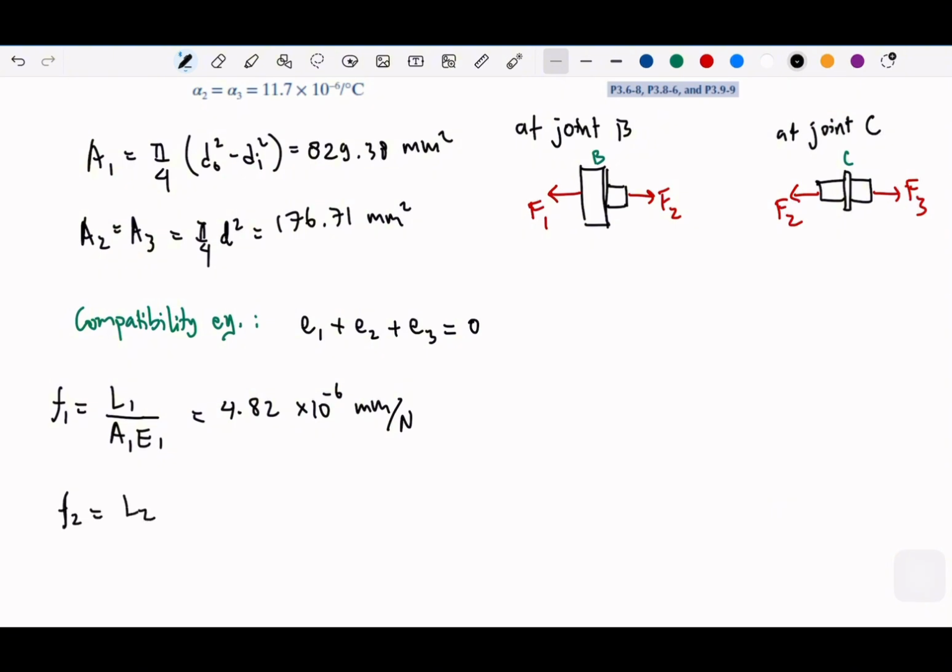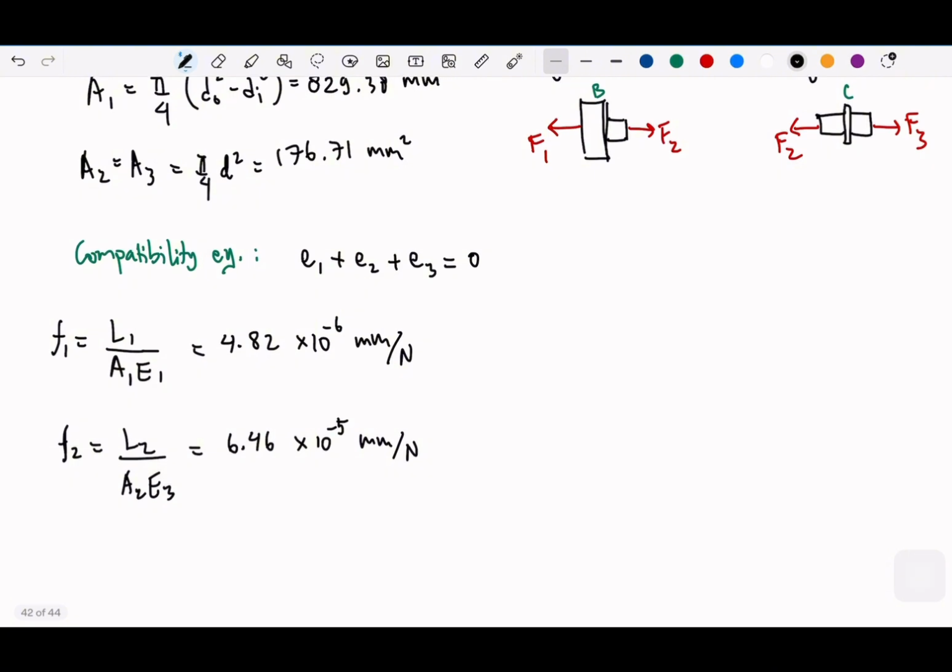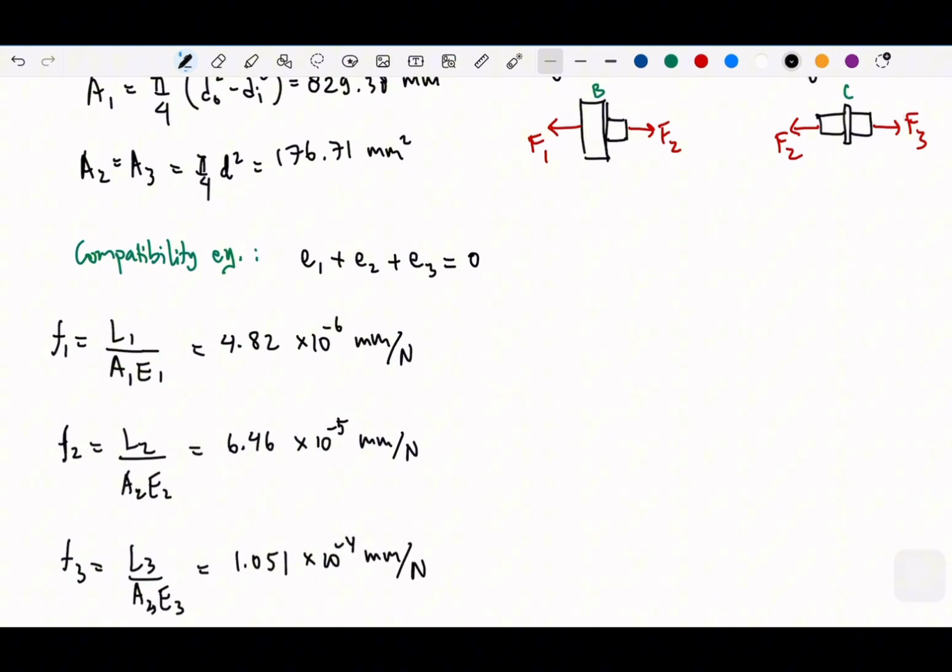And then we can take this for every part of the system. This will be equal to 1.051.